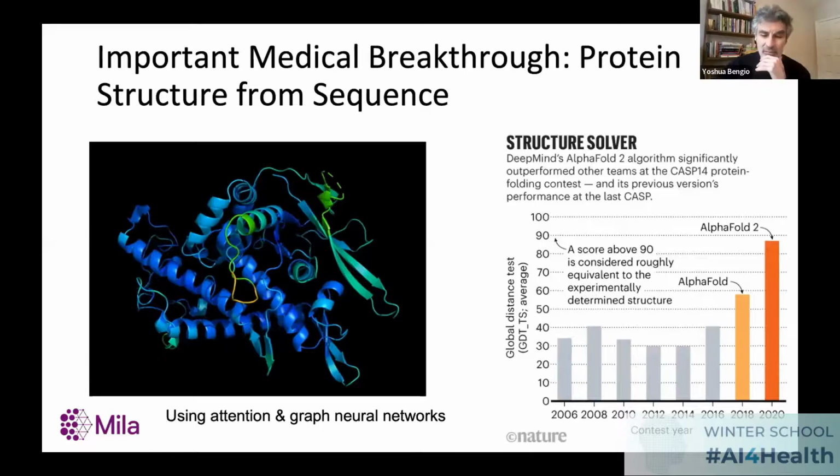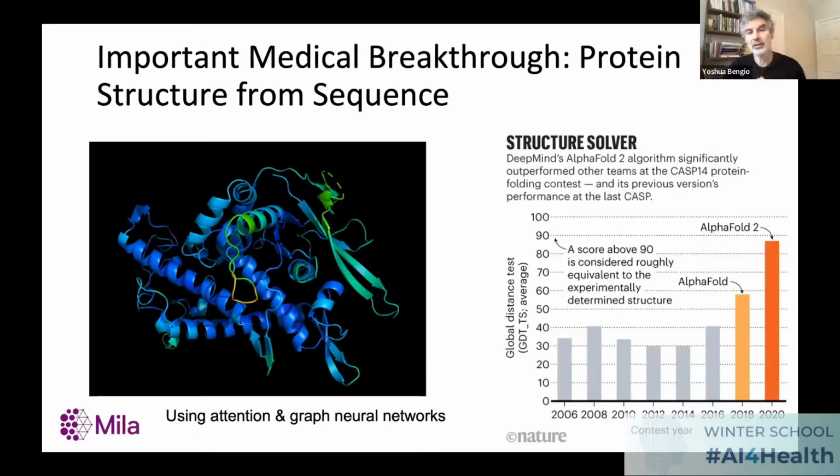One of the most important breakthroughs in machine learning using deep learning, in particular graph neural nets and attention mechanisms, of the last few years is the work by DeepMind on the modeling of 3D protein structure with AlphaFold.